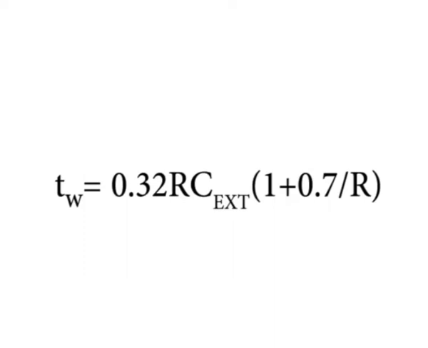R is in kilo ohms and is either the internal or the external resistor. C external is in picofarads and TW is in nanoseconds. The internal resistance is 10 kilo ohms and can be used instead of an external resistor.